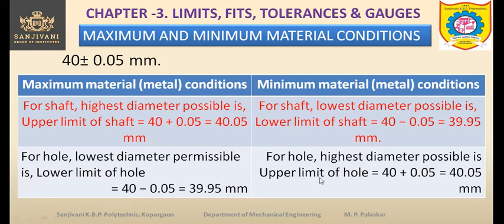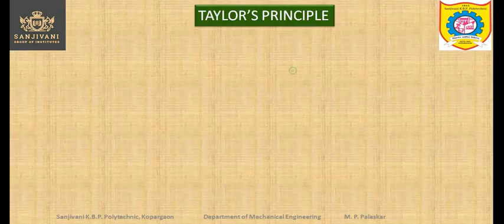So the highest diameter possible is the upper limit of the hole, that is 40 plus 0.05, that is 40.05 mm. So when the size of the hole is 40.05 mm and the size of the shaft is 39.95 mm, that condition will be minimum material condition when the dimensions given for the hole and the shaft are 40 plus or minus 0.05 mm. So this was the example regarding the maximum and minimum material condition.